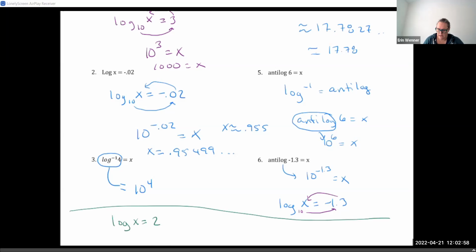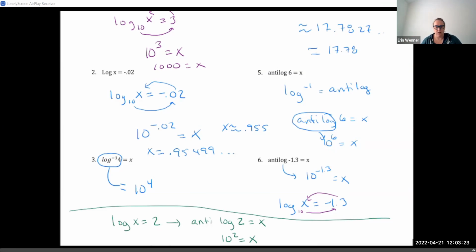Then if I took the anti-log, that would say that anti-log 2 equals x, which means I would write 10 to the second equals x. So that's how I would go from the first log notation into anti-log.